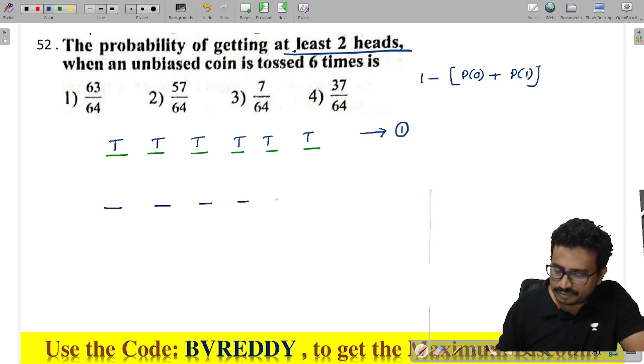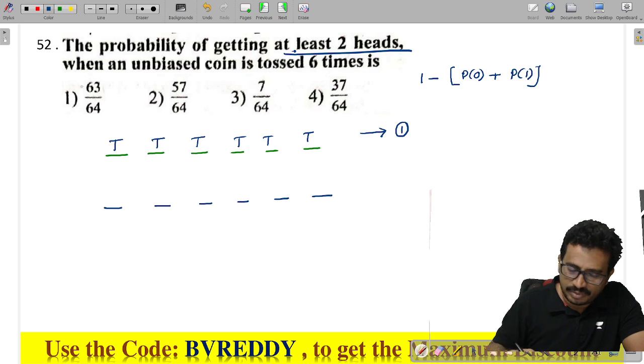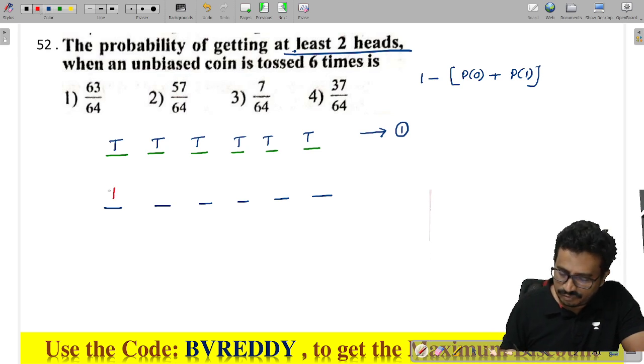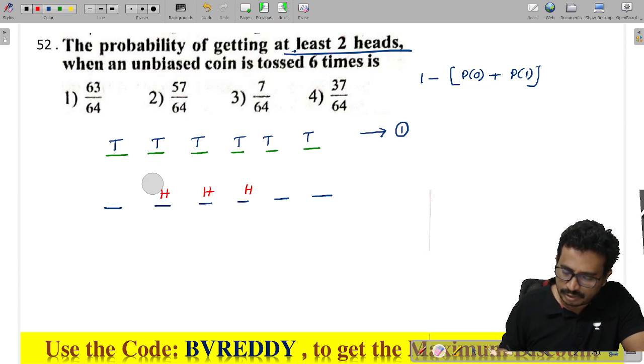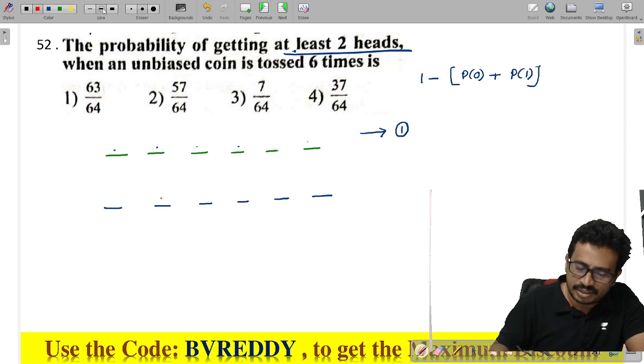Next, 1 tail means what we can see now here, only 1 tail. Yes, the remaining all are heads, isn't it? Sorry, here we are doing the heads now, not tails. Here they are asking for the heads, right?